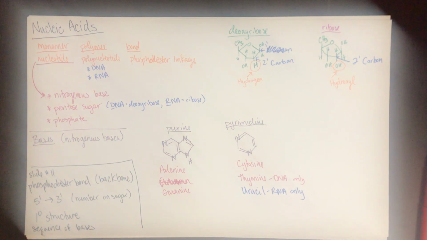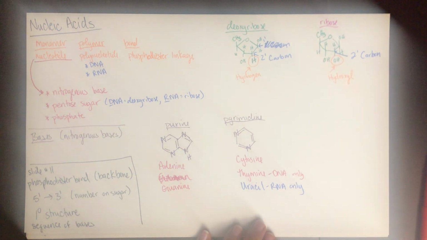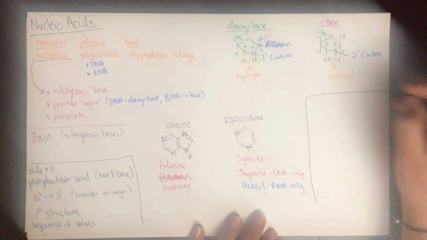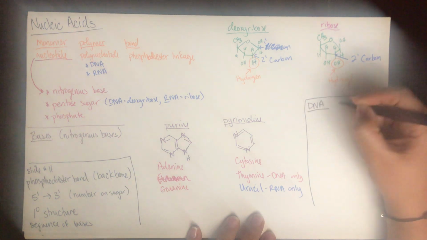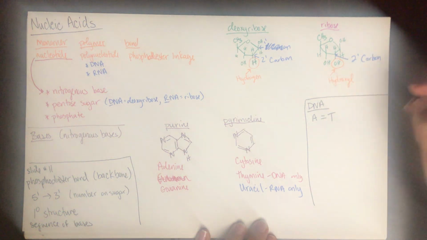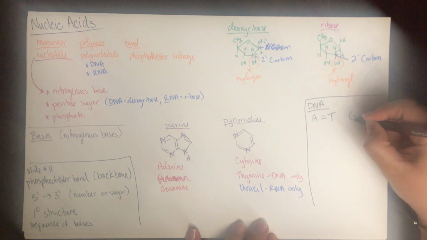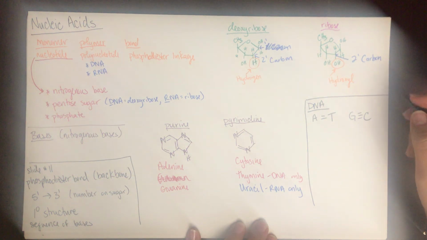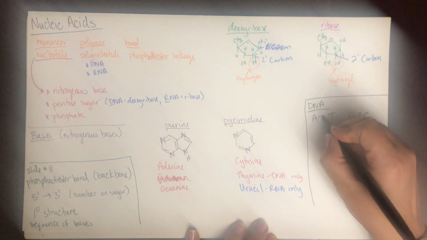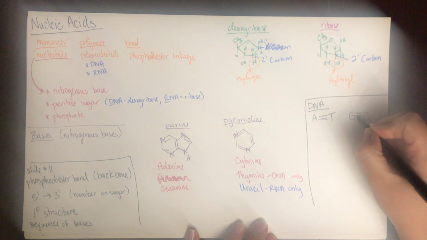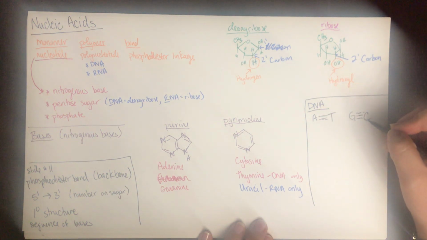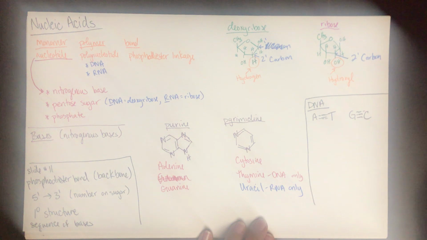So complementary base pairs in DNA, it's always going to be A forms 2 hydrogen bonds with T, and G forms 3 hydrogen bonds. So you'll see these will be dashed. So 2 hydrogen bonds between adenine and thymine, 3 hydrogen bonds between guanine and cytosine.